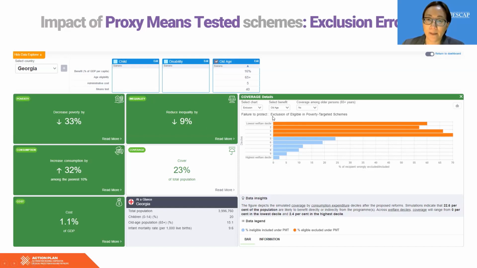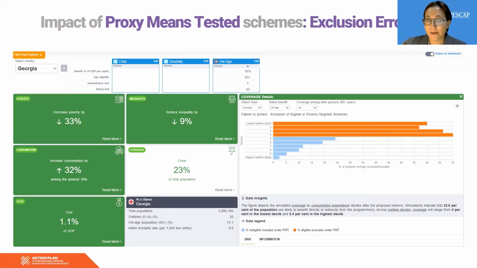So here, the benefit should be reaching the bottom 40% of the population, the welfare deciles 1 to 4. But in fact, we see very high levels of exclusion, up to 60% of households in the poorest welfare decile and up to 70% of households in the fourth welfare decile would not be receiving a benefit. And in contrast, households in the upper welfare deciles 5 to 10 would be receiving a benefit when they were in fact not targeted. So very high levels of leakage, often due to poor quality and outdated data.